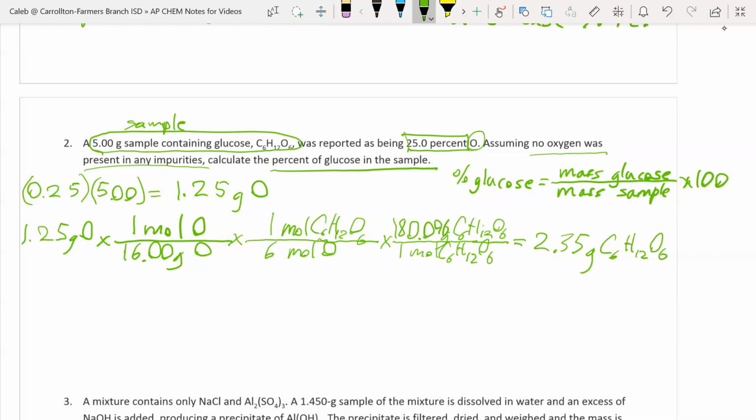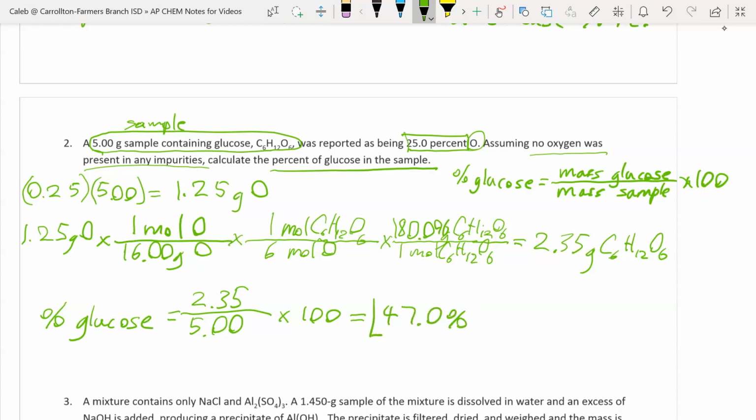So my percent of glucose is the amount of glucose, 2.35 grams, over the amount of the sample, which is 5.00 grams, times 100. 2.35 over 5.00 times 100, and I get 47%, 47.0%.